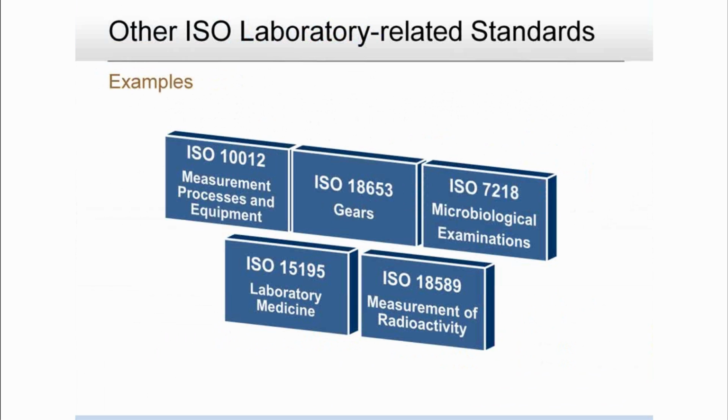All of them are related, but ISO 17025 broadly captures calibration and testing, and so most laboratories generally will fall under 17025. All the requirements, if well implemented, will cover most laboratories.